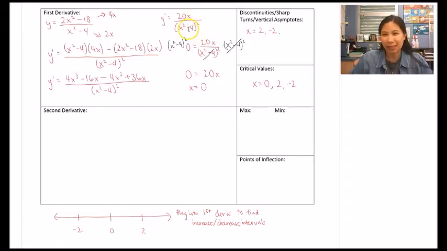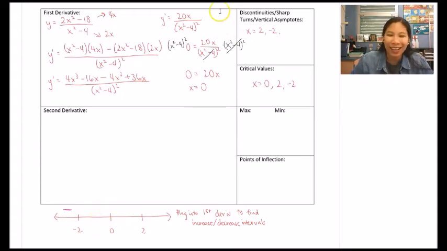Again, I don't need to know the exact number, I just need to know whether I end up with a positive or negative number. So when I plug in negative 3, I end up with a negative on top. Negative 3 on the bottom will end up squaring to become a positive, so negative divided by positive is a negative number.